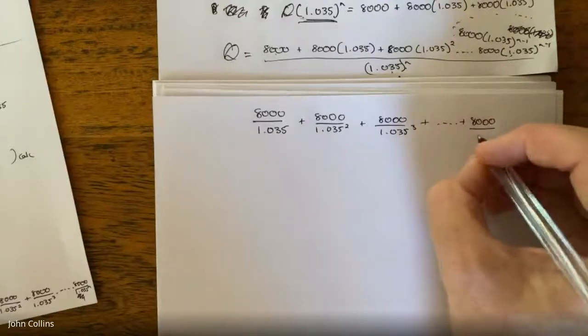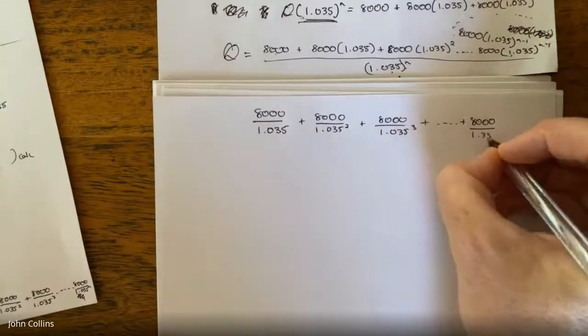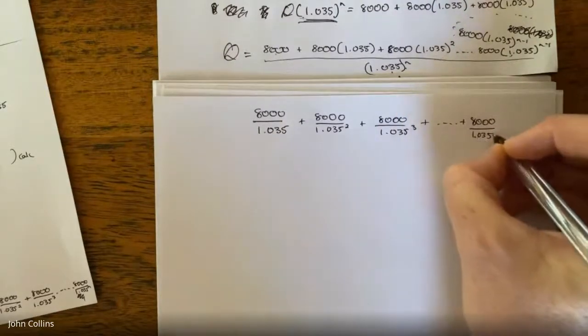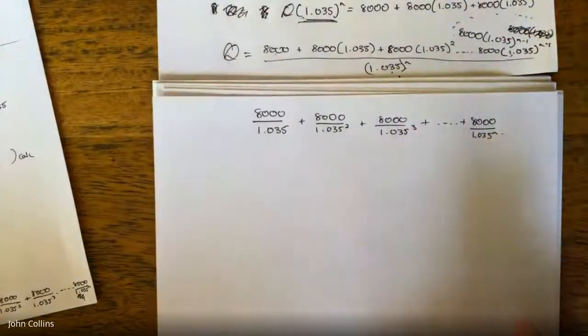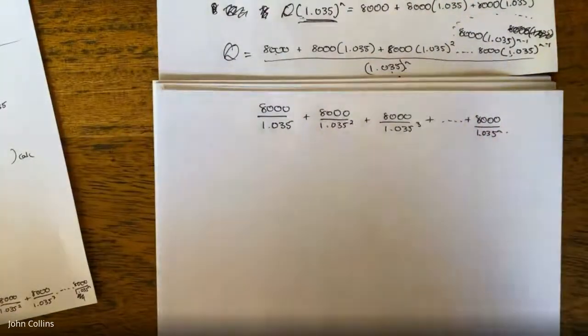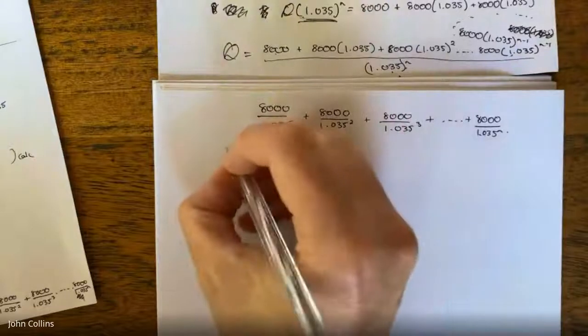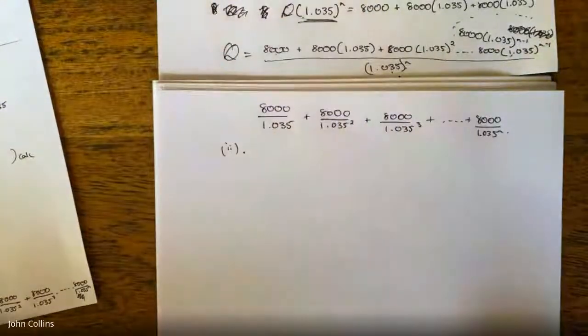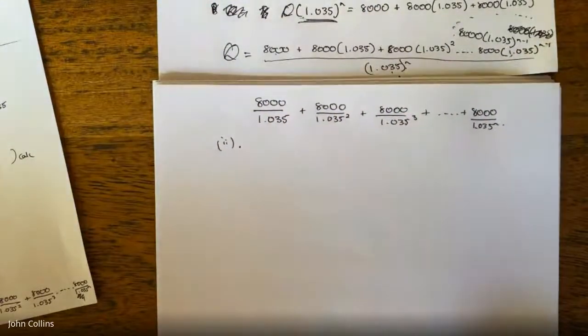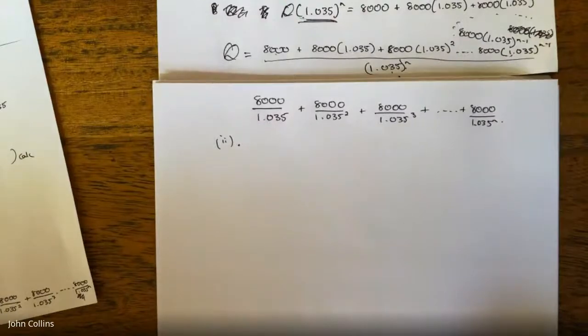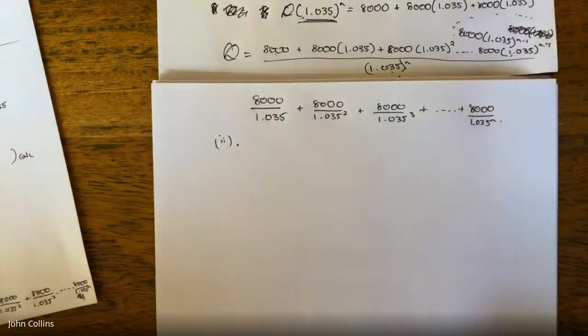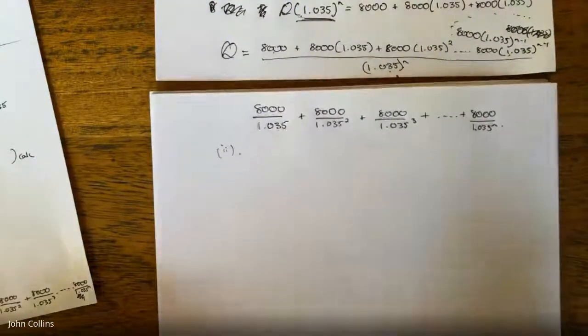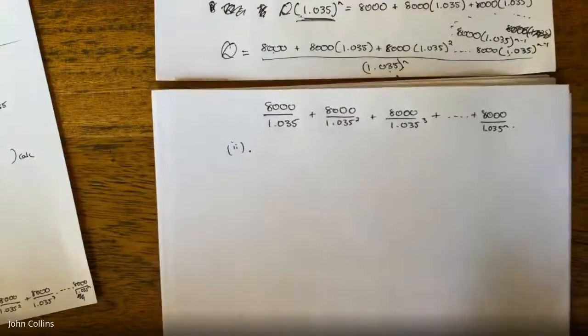Okay, so this is going to find an interesting answer in the next part. In order for the interest to keep up with this withdrawal of 8,000 every year, this is the hence or otherwise part 2. There's an amount that is like the terminal velocity amount that you could put in at the start, and you can keep withdrawing 8,000 indefinitely.